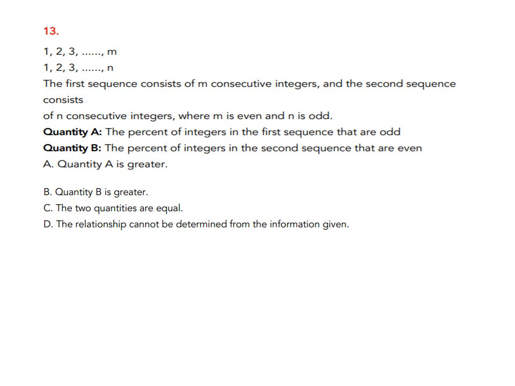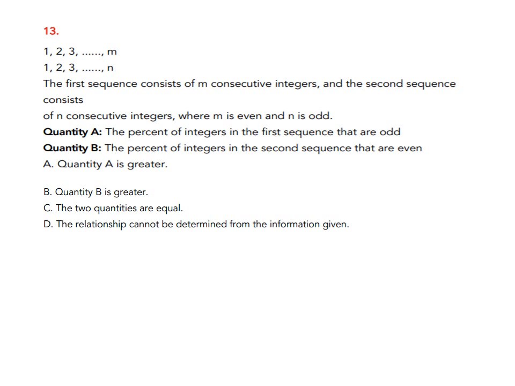Now the next question. Here 2 sequences are given. The first sequence consists of m consecutive integers and the second sequence consists of n consecutive integers, where m is even and n is odd.